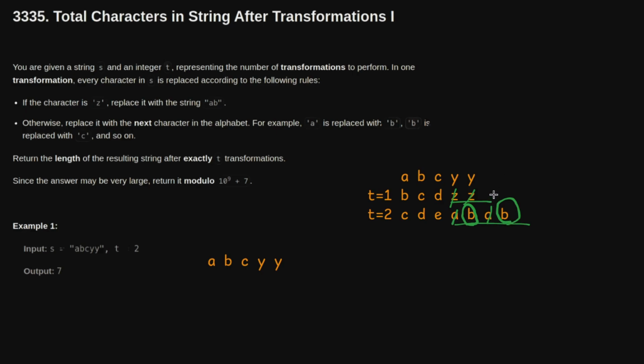That means here the length was 5. Now we knew that 2 Z had been there. So for the next iteration, we say that 5 is there, and since there were 2 Z, we will be adding 5 plus 2, right, which becomes 7.